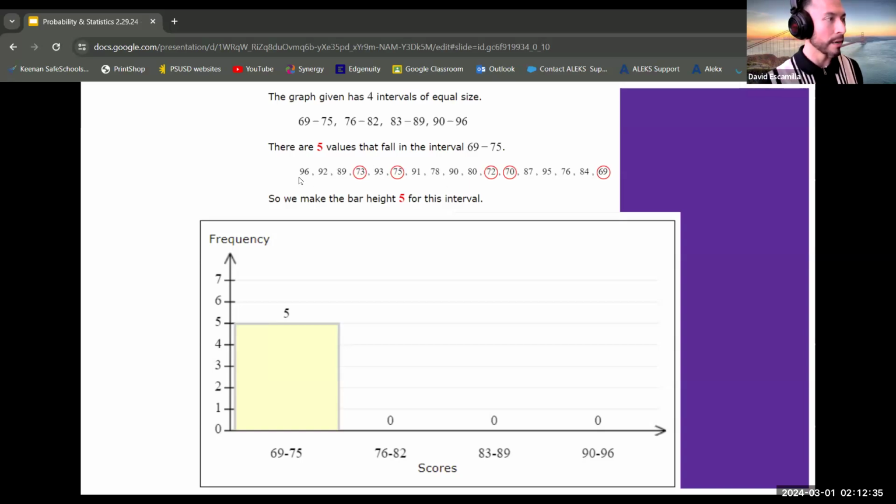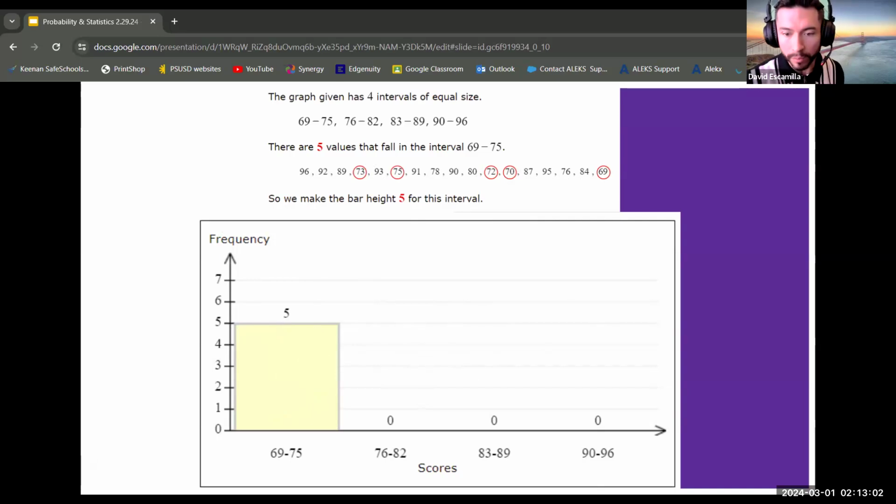As simple as that. So 73 is one of them, 75, 72, 70, and 69. Because there are 5 values that fall into that interval, you grab your cursor or your little arrow on your computer and you click as close as you can to the 5 in the frequency over here.